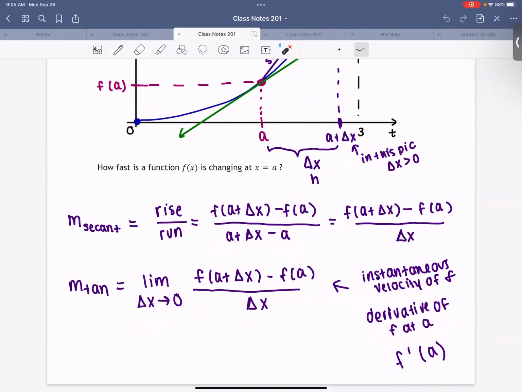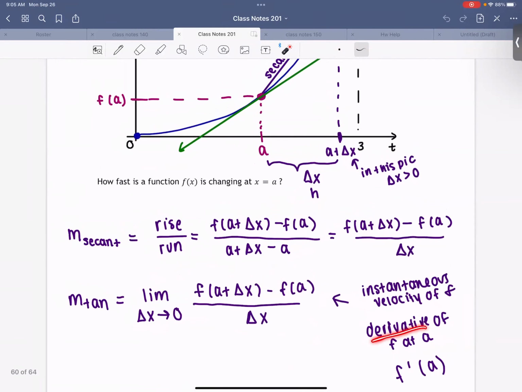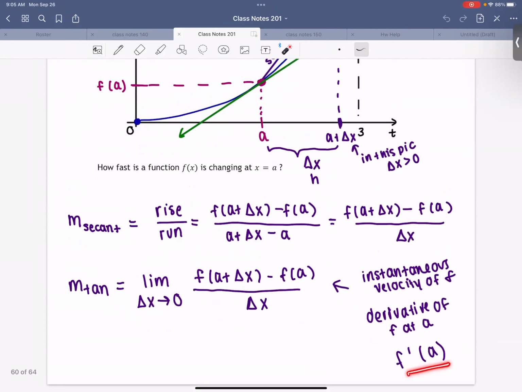We called this several things. We called it the instantaneous velocity of f at a point A. We also called it the derivative of f at A. And we also called it f prime of A. So we have all these different ways to say this. I want to add one more thing that we use to define this.